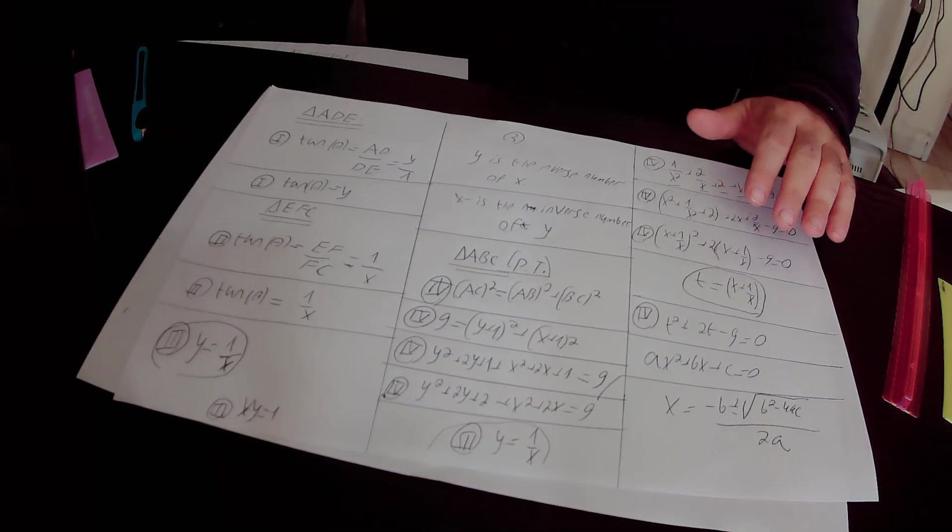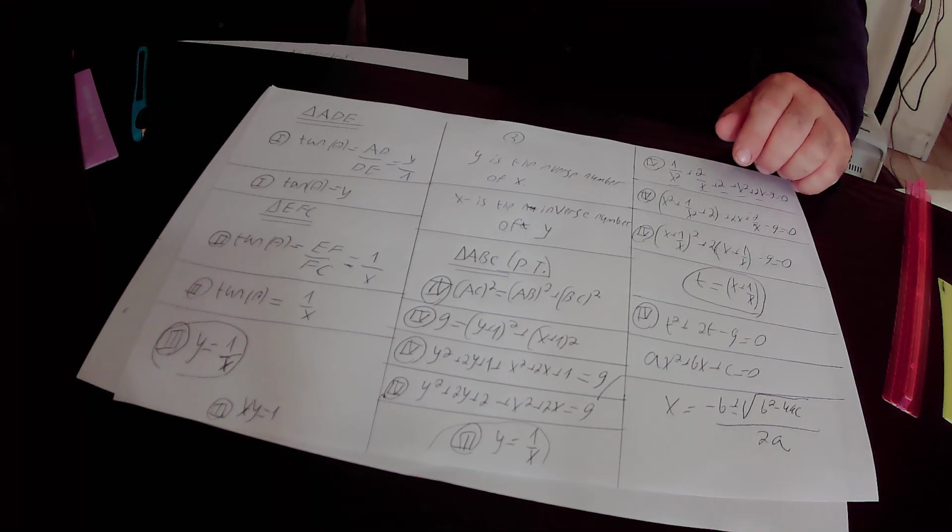What does this mean? It means that Y is the inverse number of X and X is the inverse number of Y. That is to say, if X equals 4, then Y must be equal to 1 over 4. Okay?